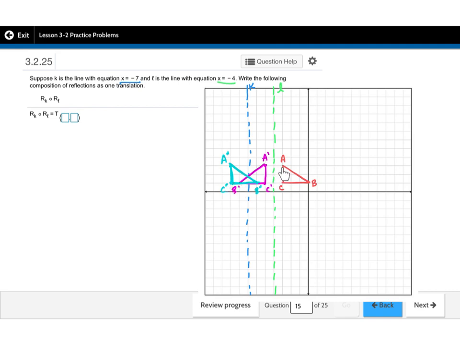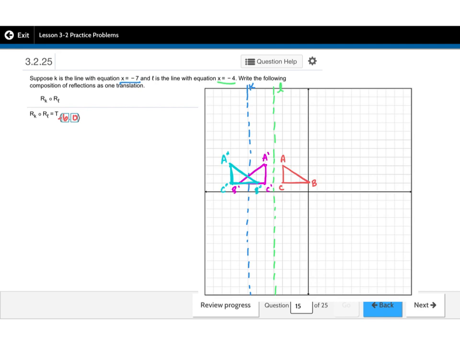And A is moving 6 units to the left to get to A prime prime, and B is moving 6 units to the left to get to B prime prime. So that movement would be a -6 in the x direction, because I'm moving left 6 units, and I didn't move up or down at all, so it's a 0 unit movement in the y direction. So there's our answer: these two reflections are equivalent to a translation of -6, 0.